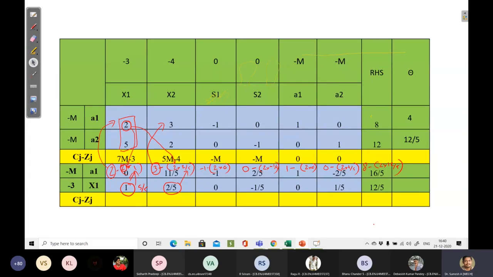That is how you are getting 5 in the denominator everywhere. Still anyone not clear or any doubts? No, sir. Then calculate for Zj minus Cj or Cj minus Zj.